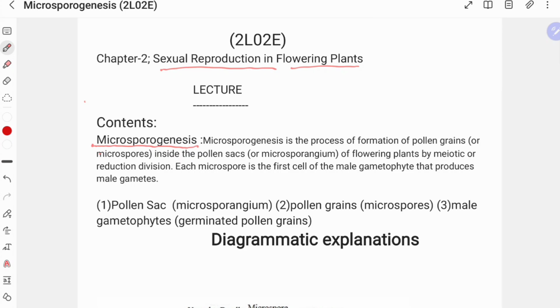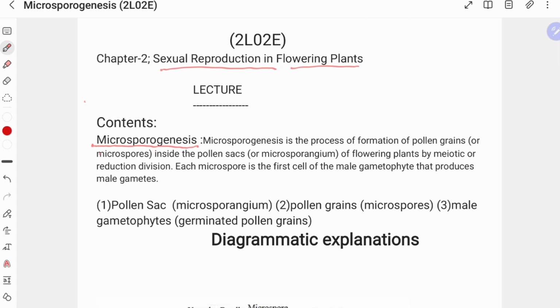Last lecture, I told you about the parts of flowers. Now we are seeing how microsporogenesis is performed.